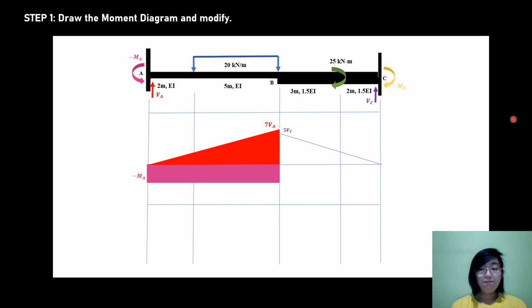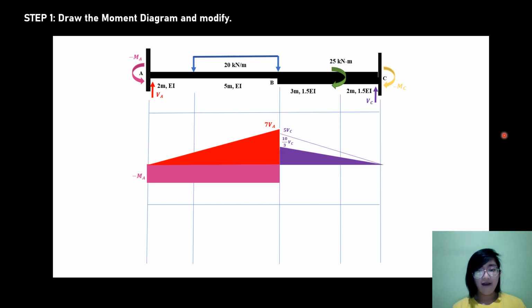Pero, sa segment BC, kailangan natin siya i-modify kasi hindi nga parehas yung EI sa entire span. So, in this segment, we have 1.5 EI. So, we have to divide the 5 VC by EI kasi M over EI siya.